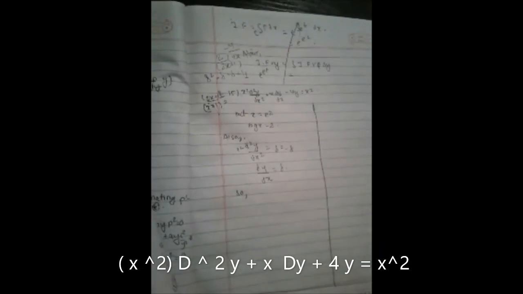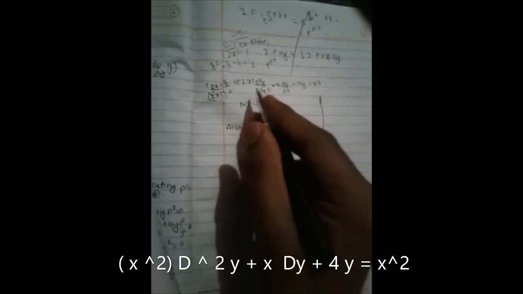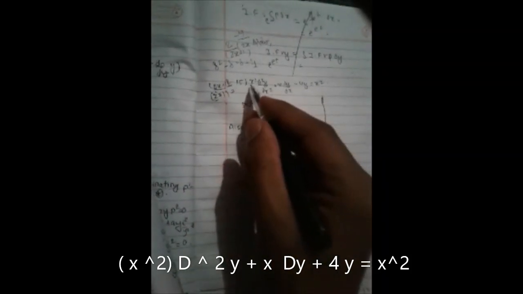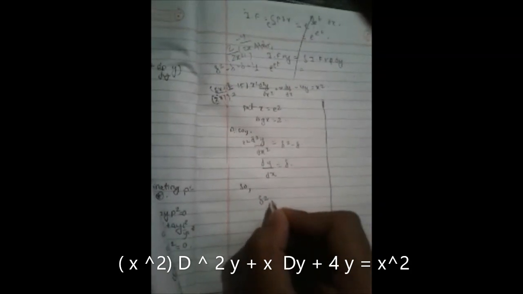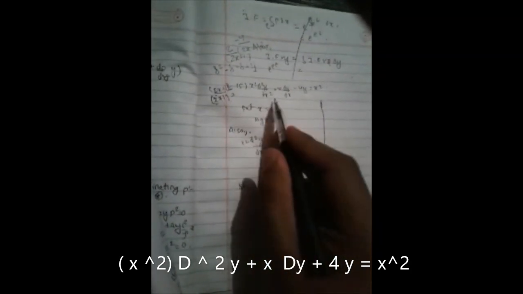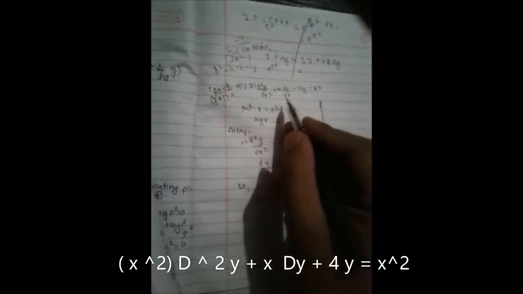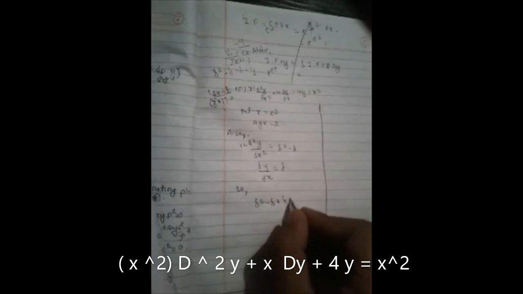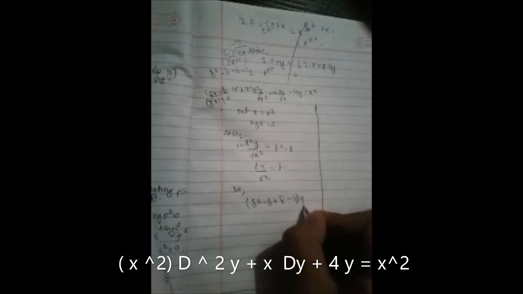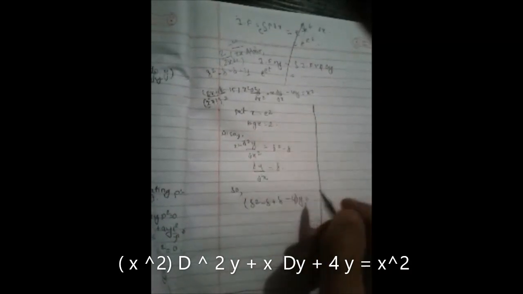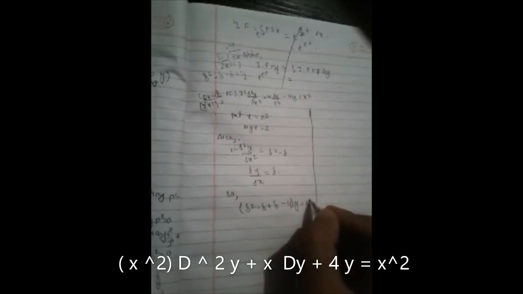So we can write rho square minus rho plus rho minus 4, bracket of y, is equal to e to the power 2z, since x is replaced by e to the power z.